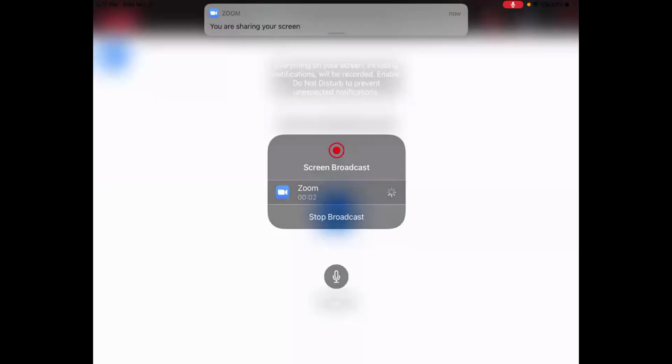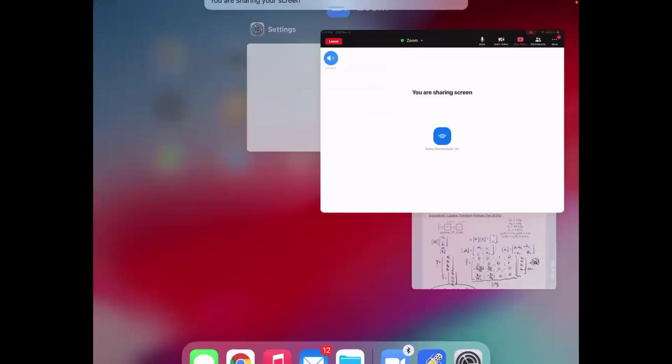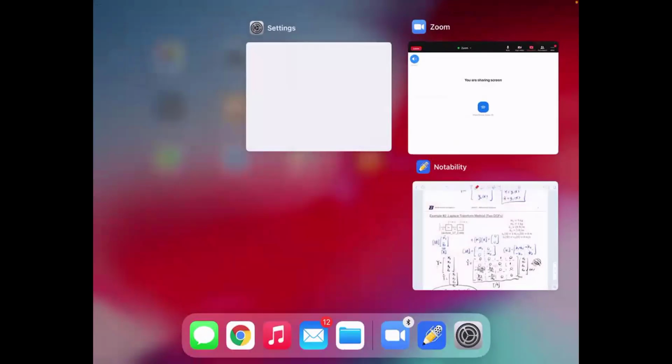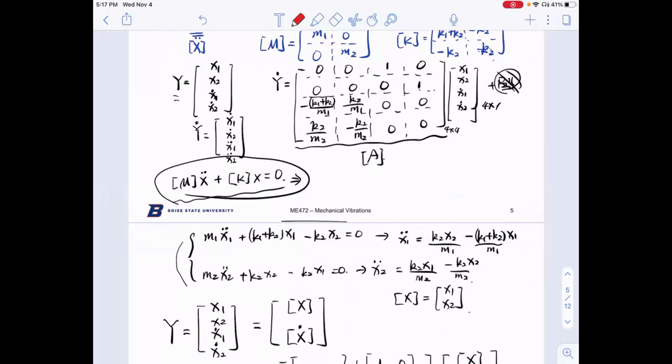So any questions about this? That's how we solve linear systems using state space representation.